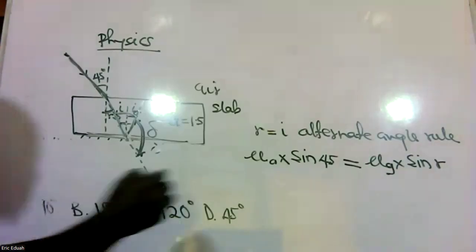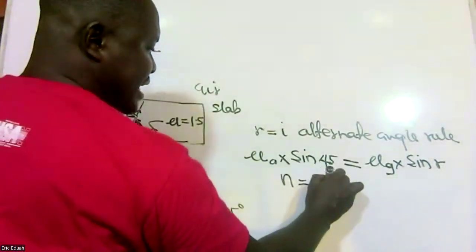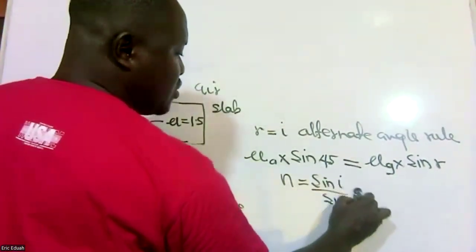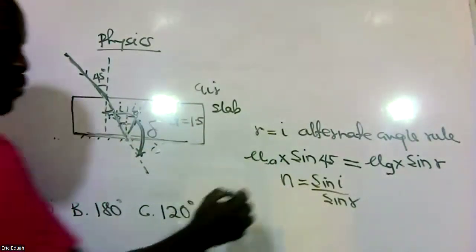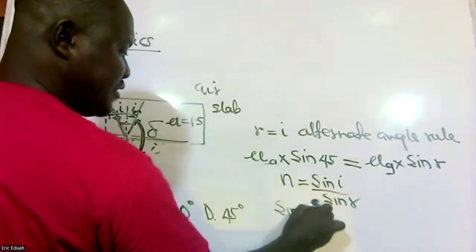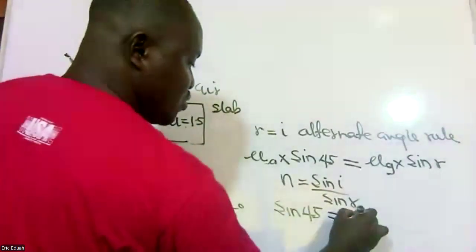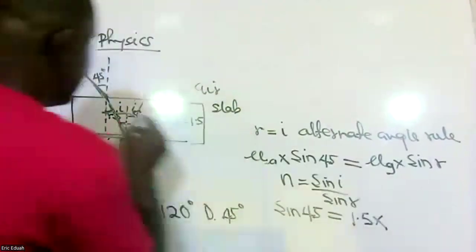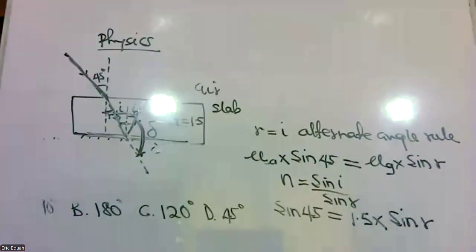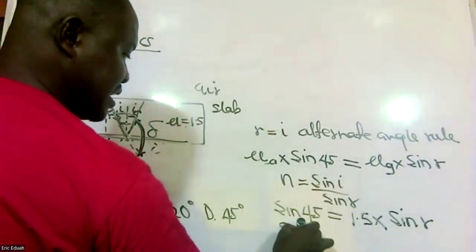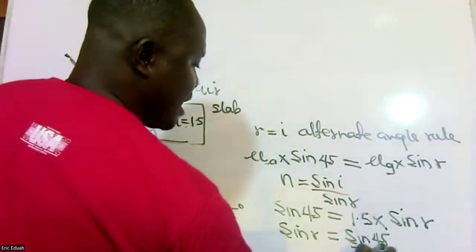We can also use Snell's law for absolute refractive index: sine I over sine R, the value is the same. Since this is air, the refractive index of air is 1. So we have sine 45 equal to the refractive index of glass, given as 1.5, times the sine of the angle of refraction, which we don't know. Therefore, sine R will be equal to sine 45 over 1.5.